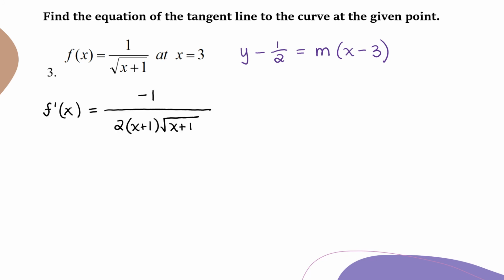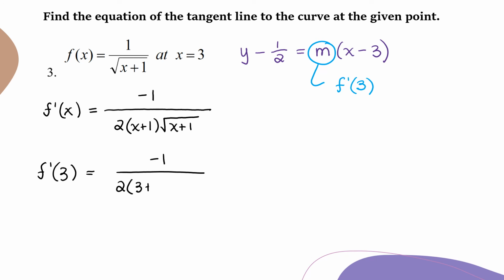Now that we have the derivative, we can find the slope of the tangent line. So the slope of the tangent line at x equals 3 will be equal to f prime of 3. So we need to find f prime of 3, which will be equal to negative 1 over 2 times 3 plus 1 times the square root of 3 plus 1.